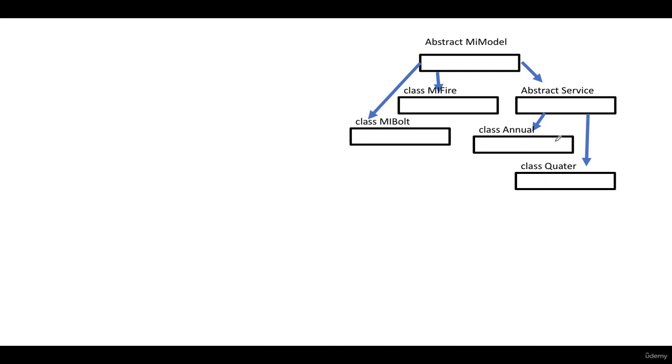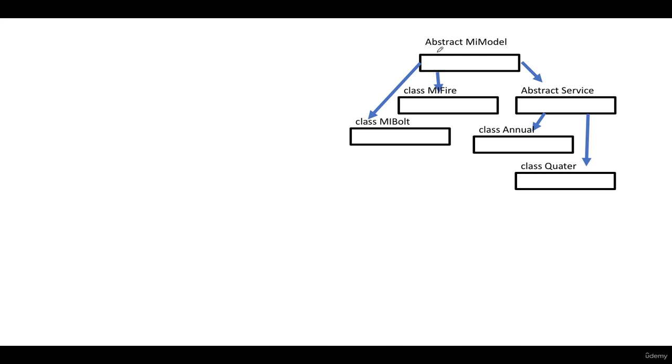So basically now the client can buy a mobile and they can take a service option, like let's say annual servicing or quarterly servicing. So this is the complex structure where in the top level we have the abstract class with my two subclasses, and then we have another abstract class and these two are the subclasses of this abstract class.